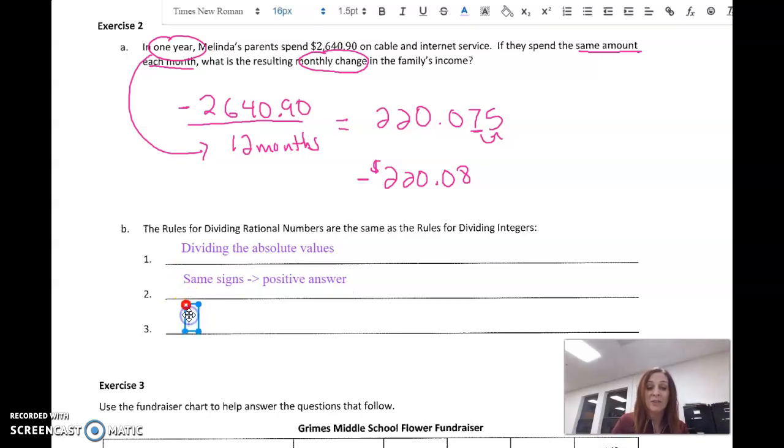That's either both positive or both negative. Or if they have opposite signs, it's a negative answer. So it doesn't matter, if one's positive, one's negative, the answer is negative. So we're going to focus on writing word problems to go along with these situations, but also knowing that our rules for multiplying and dividing rational numbers are the same as they were for integers.